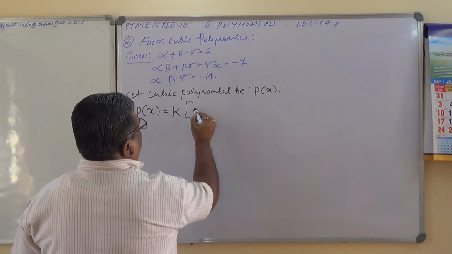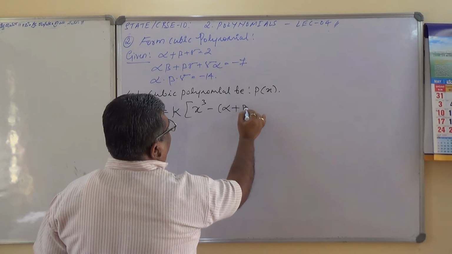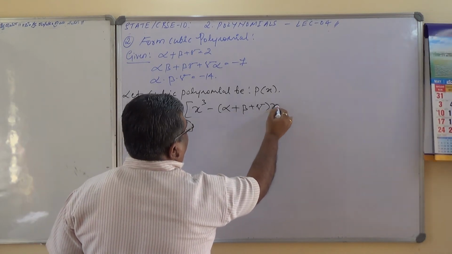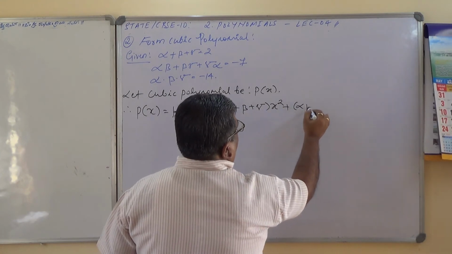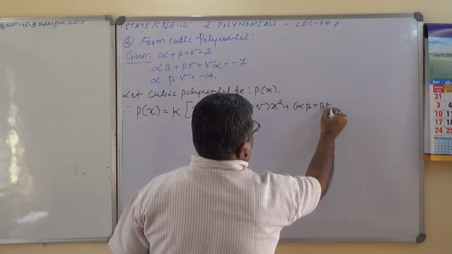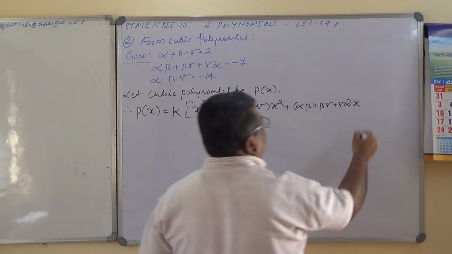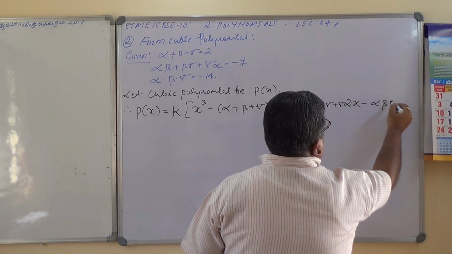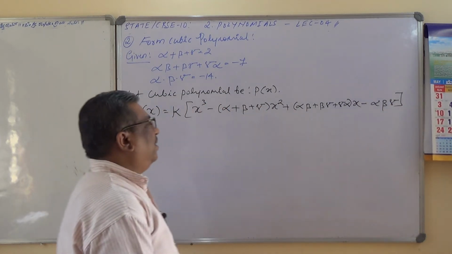Non-zero constant times x cube minus alpha plus beta plus gamma times x square plus alpha beta plus beta gamma plus gamma alpha times x minus alpha into beta into gamma. This is the cubic polynomial.